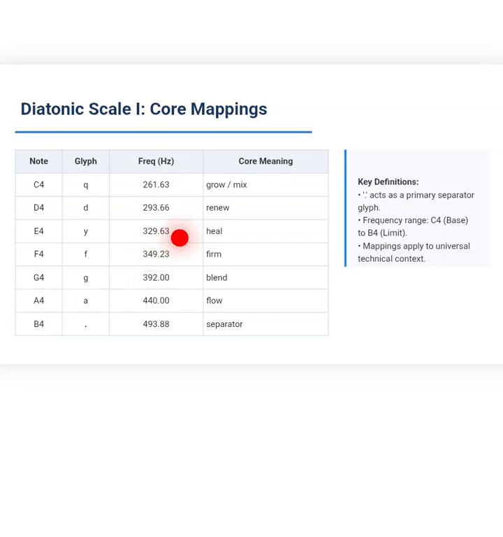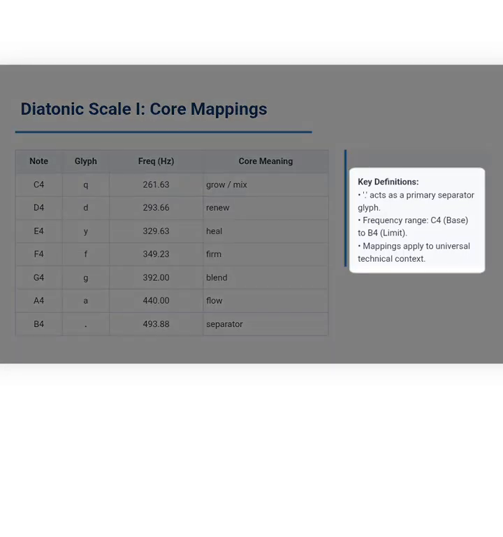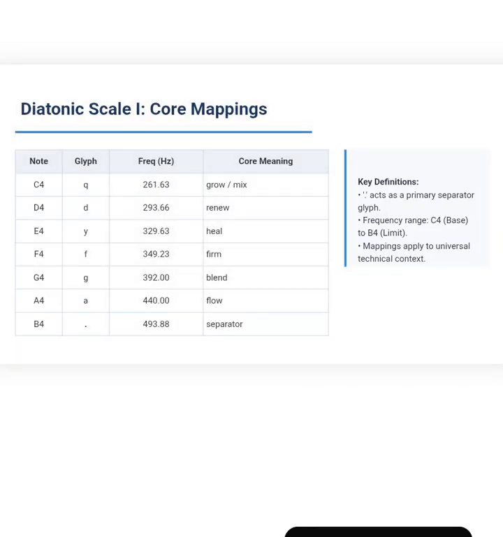Beyond the technical frequencies, each mapping carries a specific semantic directive, concepts like grow, mix, renew, and flow. In the eidophonic approach, the resonance frequency itself encodes the underlying meaning of the glyph. Finally, focus on the role of the separator glyph, represented here by the period.